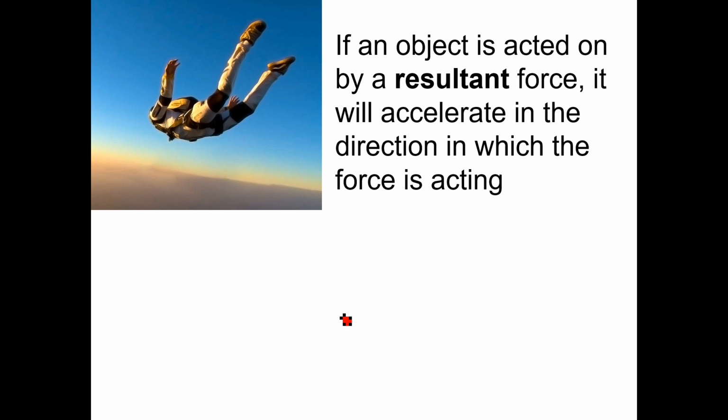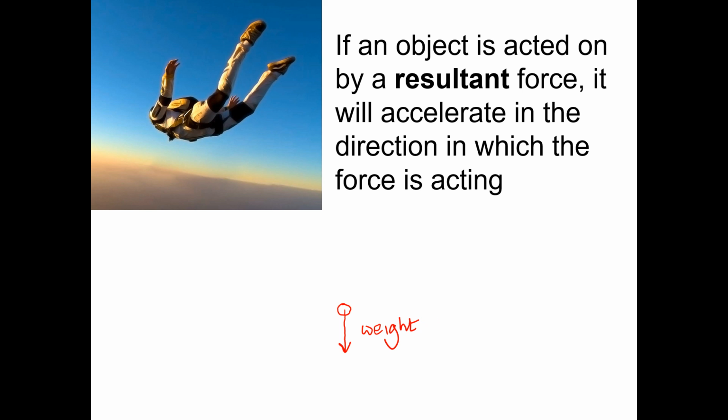Let's draw a free body diagram of our skydiver. There he is, or she is. This skydiver will be experiencing a downward force, and we will call this his or her weight.